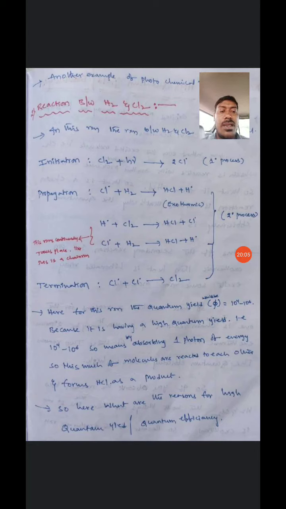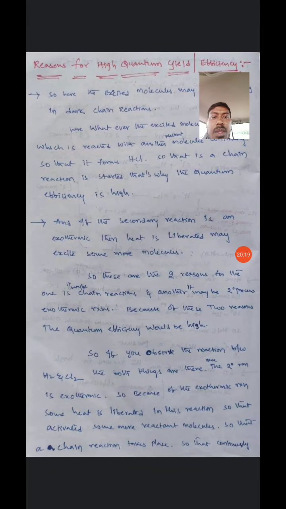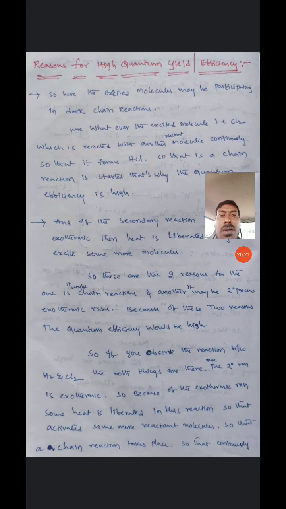Finally, it forms HCl. So what are the reasons for high quantum yield or quantum efficiency?